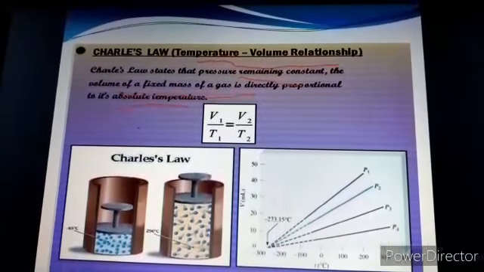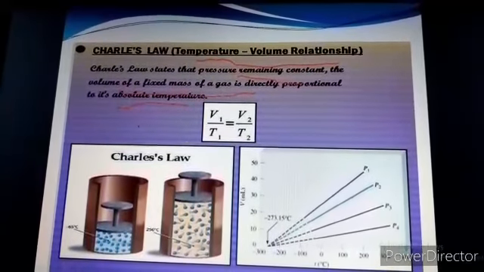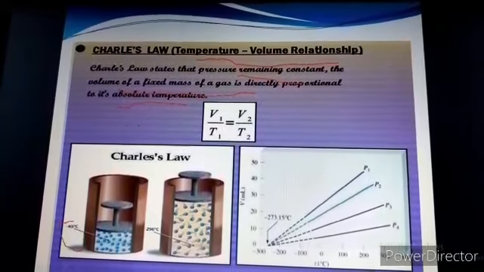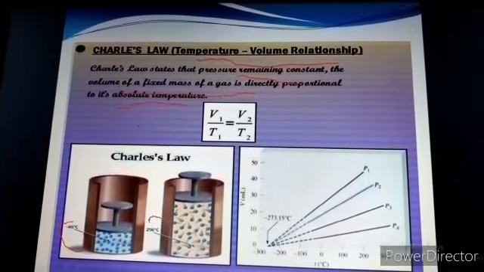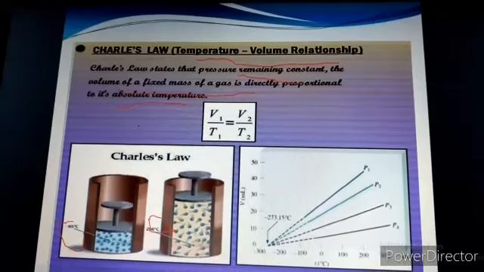V1 upon T1 equals V2 upon T2. So here, see, at minus 65 degrees Celsius the volume of that gas is very small, but if we increase the temperature up to 250 degrees Celsius the volume of the gas increases. So when we increase the temperature, the volume of gases increases.